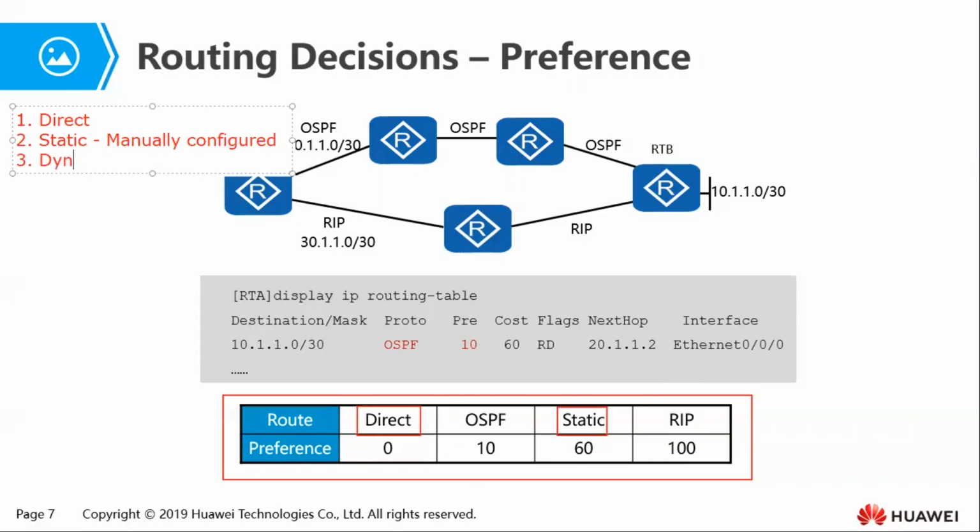Then you have dynamic. In dynamic, we've learned the route through a protocol. Some of the protocols we can use to learn dynamic routes include OSPF.